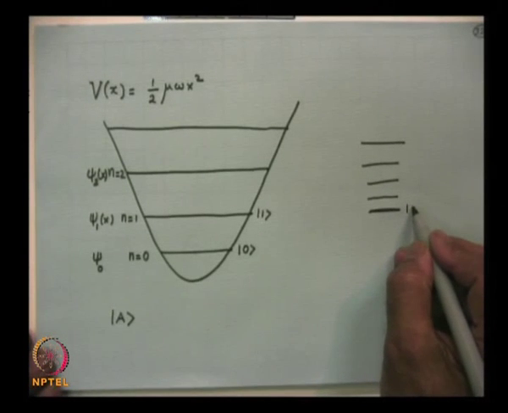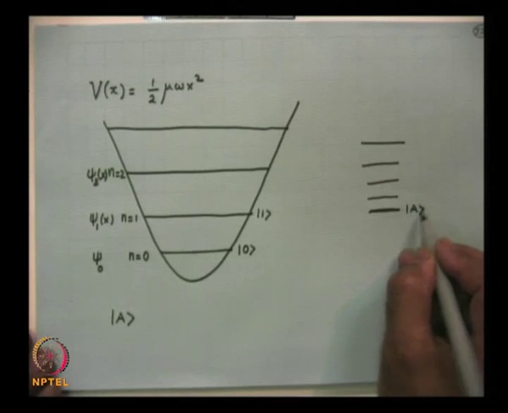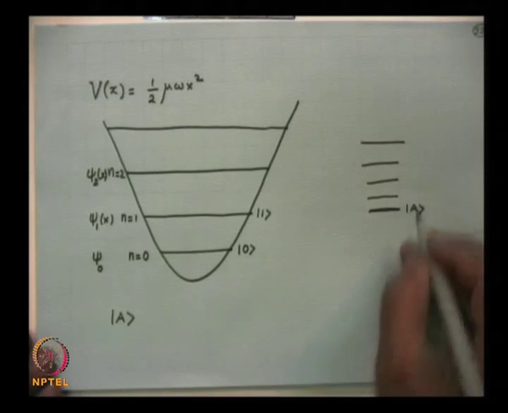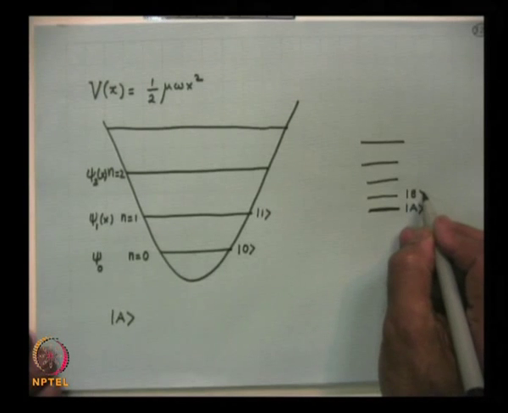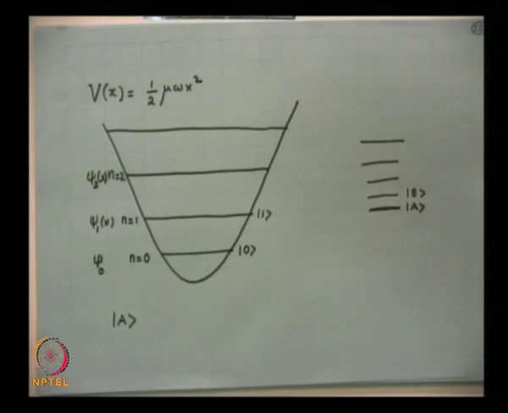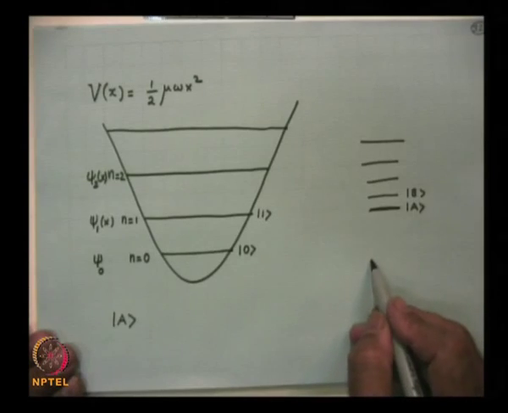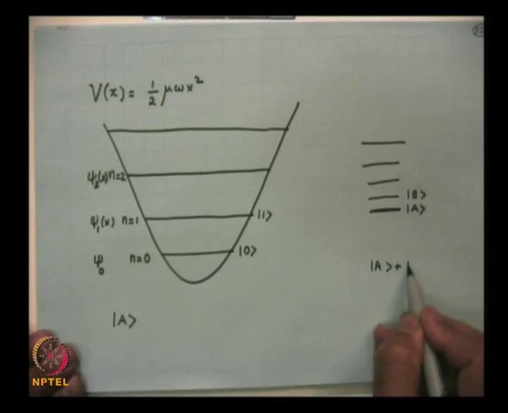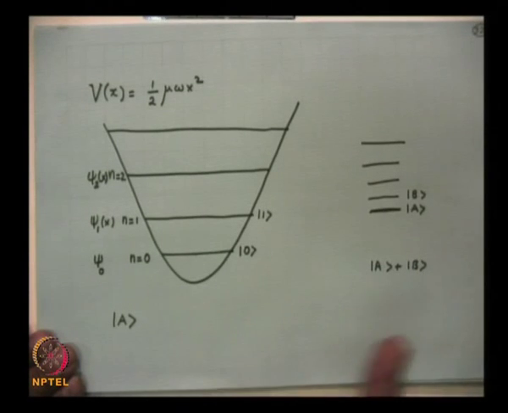So, let us suppose this state I represent by ket vector A, and another state by a ket vector B. So, each state of a dynamical system is represented by a ket vector such that any linear combination of these two vectors is also another vector in the same space. I will detail this a little later.